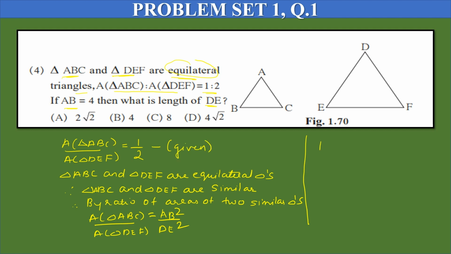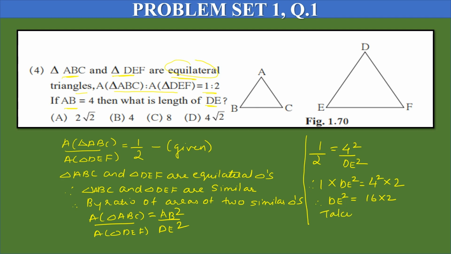So 1/2 is equal to, the value of AB is 4, so I can write here 4 square upon DE square. Therefore, cross multiply: 1 into DE square is equal to 4 square into 2. Therefore DE square is equal to 16 into 2.